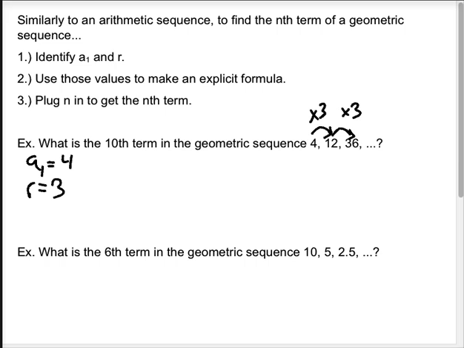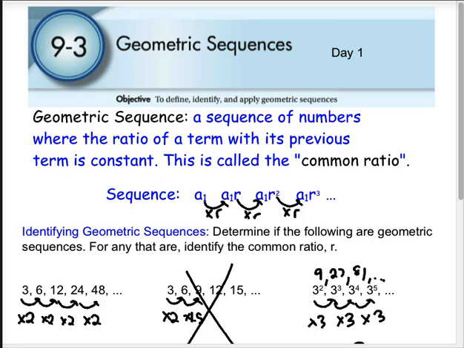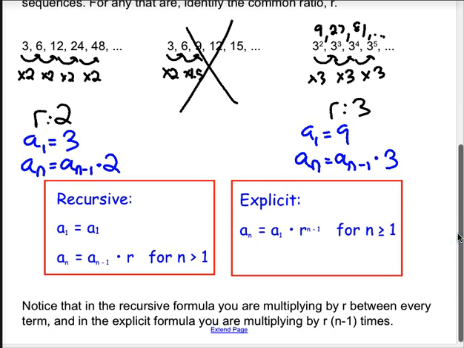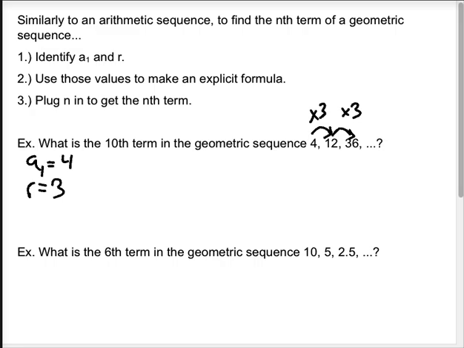All right, now let's look back for a second at that explicit formula. This time we're going to be using this setup: a1 times r to the n minus 1 power. So a sub n equals a1, which is 4, times r, which is 3, to the n minus 1.